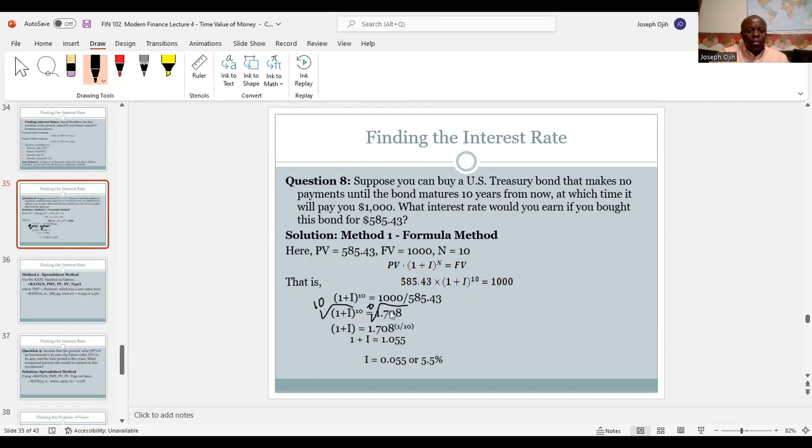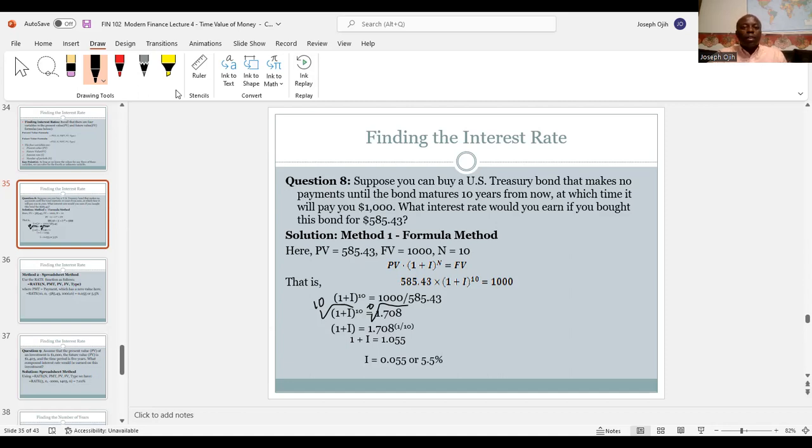That's how I wrote it in this form: 1.708 to the power 1 over 10. That means the 10th root of this number here. The 10th root of this cancels out this, so we have this 1 plus I left. And the 10th root of this part, I'll show you now from the calculator.